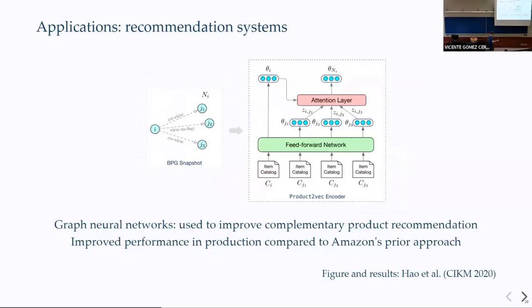If you're shopping on Amazon, you look at this little list that sits beneath whatever product you open, showing other relevant stuff that you might also buy. At least as of a few years ago, there's a paper from 2020 that describes a graph neural network-based system, which the authors say was a substantial improvement on top of their previous approach.